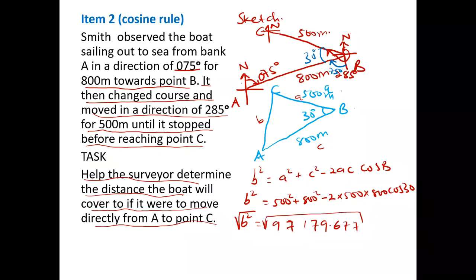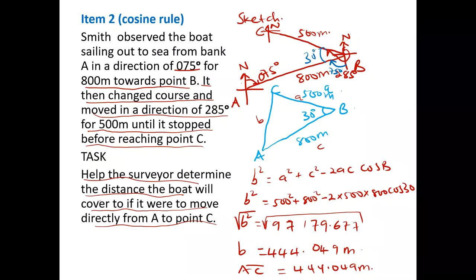So b is equal to the square root, and we shall have 444.049 meters. So it means that the distance from A to C is equal to 444.049 meters. So that is cosine rule.